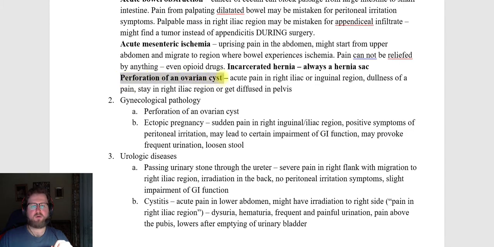In cases of ovarian cyst perforation, together with other gynecological findings, for example ectopic pregnancy, as we've discussed previously, a combination of abdominal ultrasound plus transvaginal ultrasound will give you the whole picture of the vagina, uterus, cervix, both fallopian tubes and both ovaries.